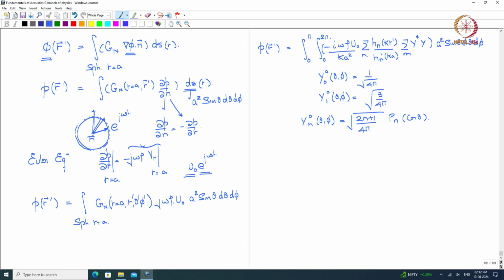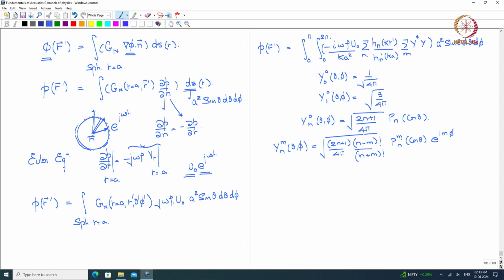Okay. Now, we should remember the ultimate expression perhaps also. Y m n theta comma phi is given by square root over twice n plus 1 by 4 pi, n minus m factorial by n plus m factorial, P m n cos theta e to the power i m phi.